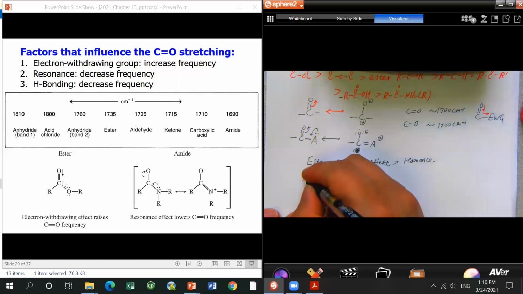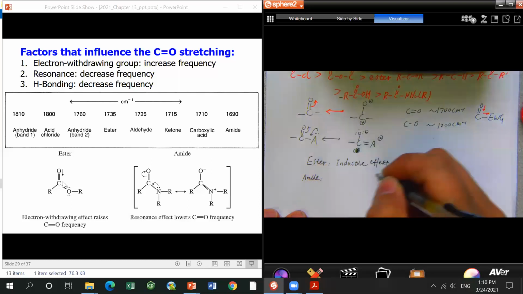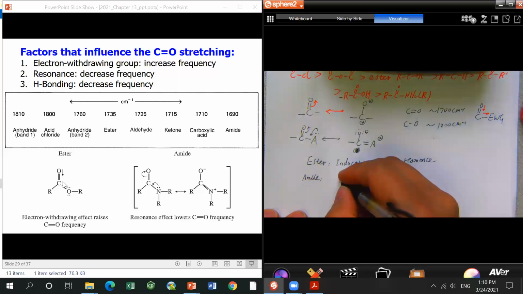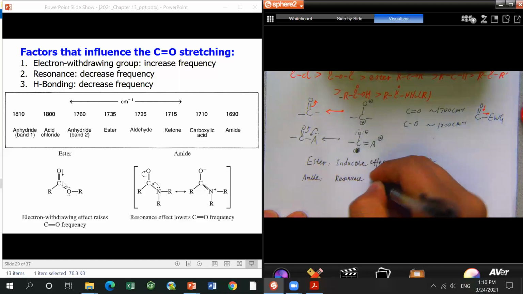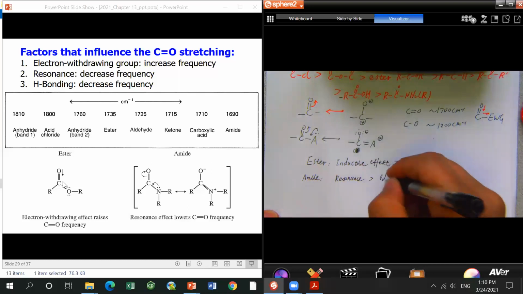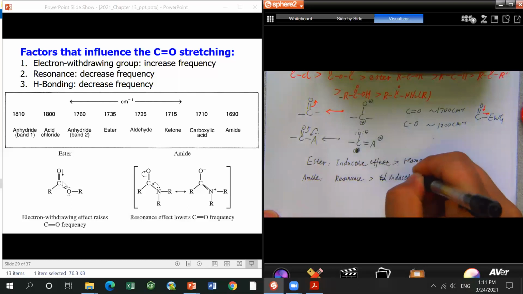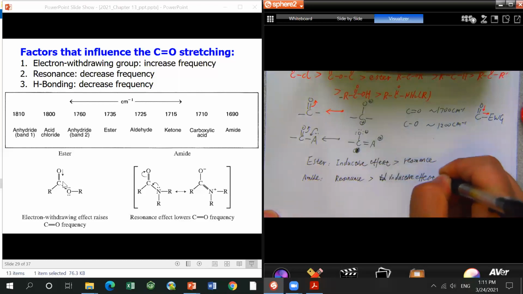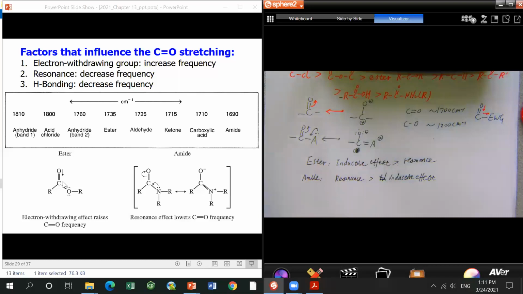But for the amide case, the resonance effect plays the major role over the inductive effect. That's why the amide has a pretty low frequency. So keep these two effects in mind: withdrawing groups increase the frequency, and resonance lowers the frequency.